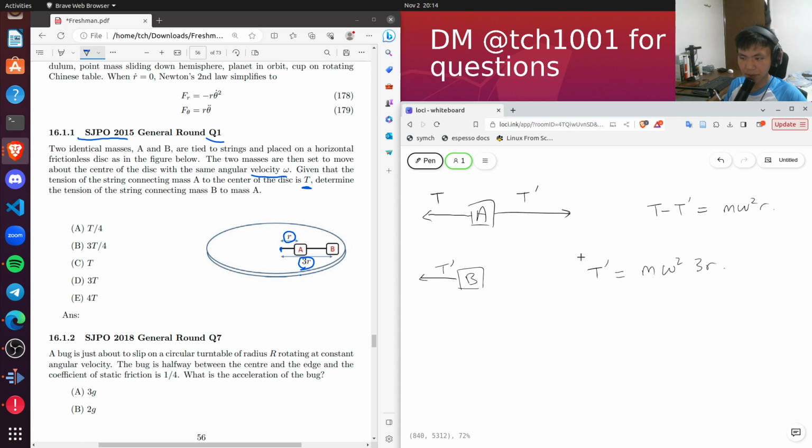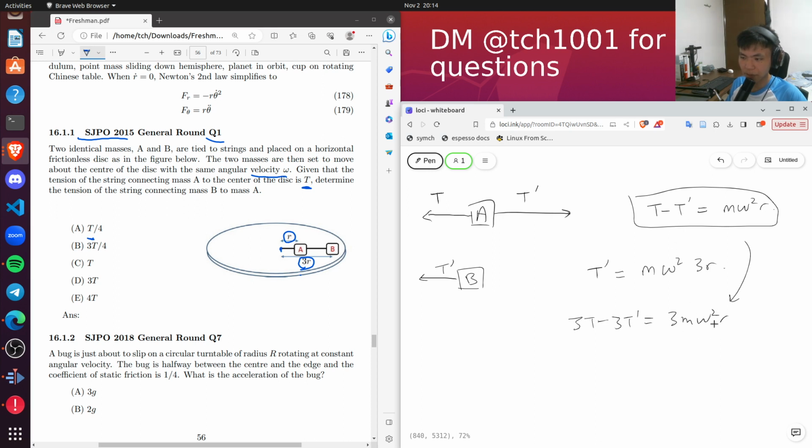It may seem like we're done, since we have found T prime in terms of these variables, but unfortunately the question wants us to find T prime in terms of T, as all these options suggest. To do so, we take the first equation and rewrite it such that 3T minus 3T prime equals 3m omega squared r.